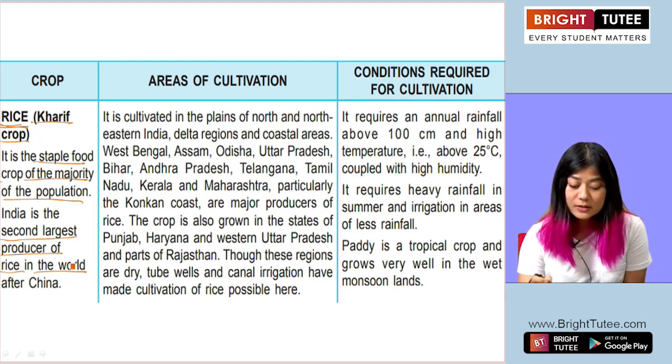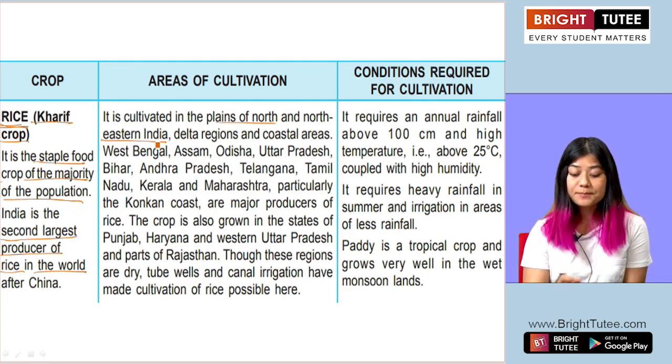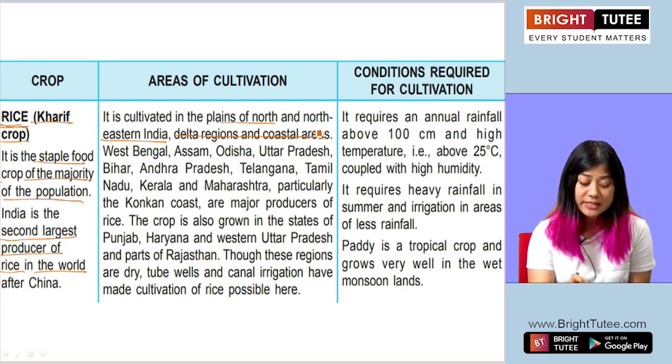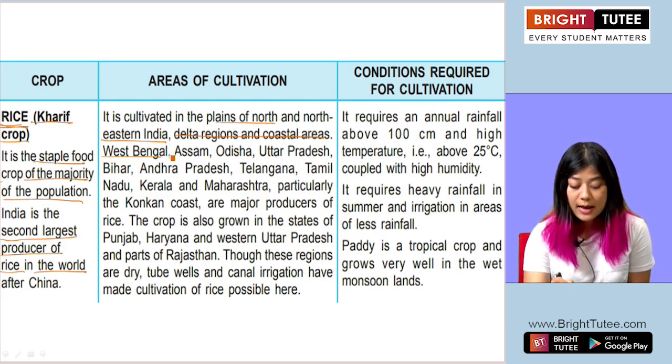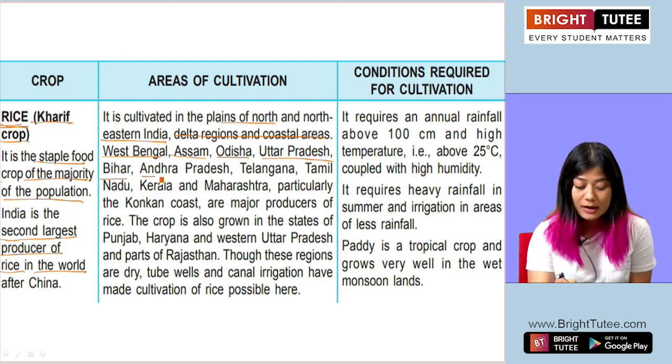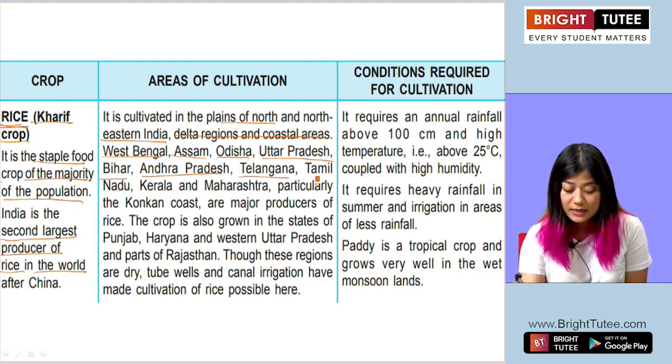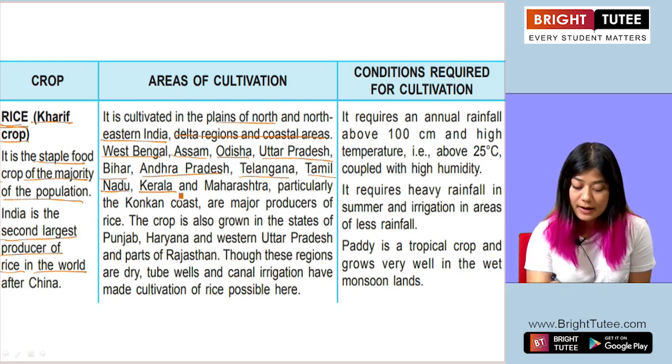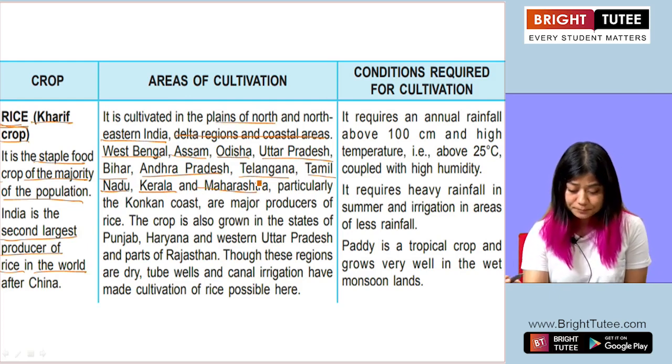Now rice is cultivated in the plains of north and northeastern India, in the delta regions and in the coastal areas of our country. Some of the states where rice is cultivated are West Bengal, Assam, Orissa, Uttar Pradesh, Bihar, Andhra Pradesh, Telangana, Tamil Nadu, Kerala and Maharashtra.